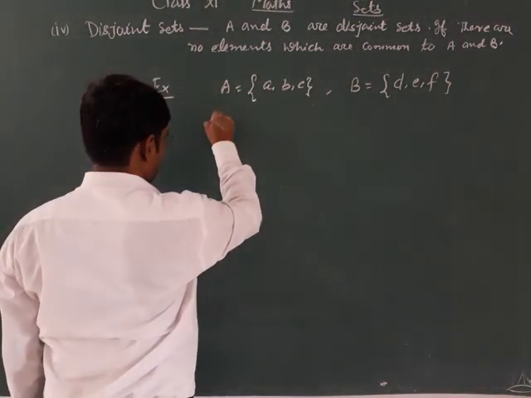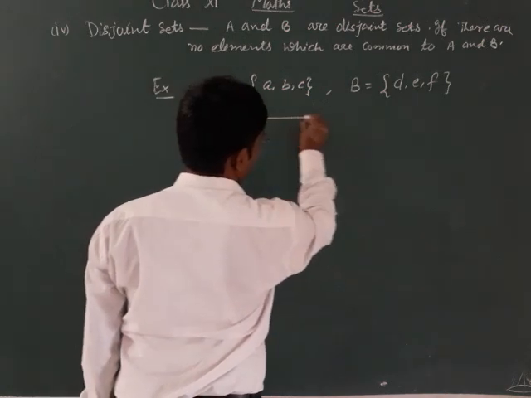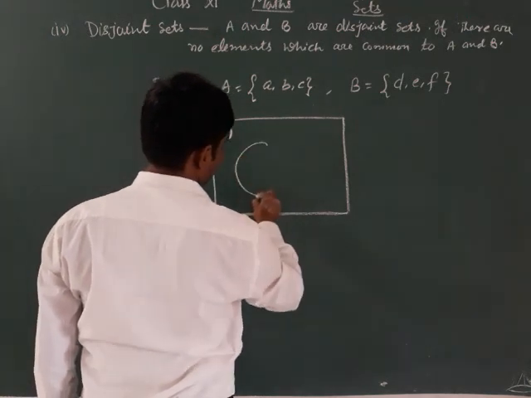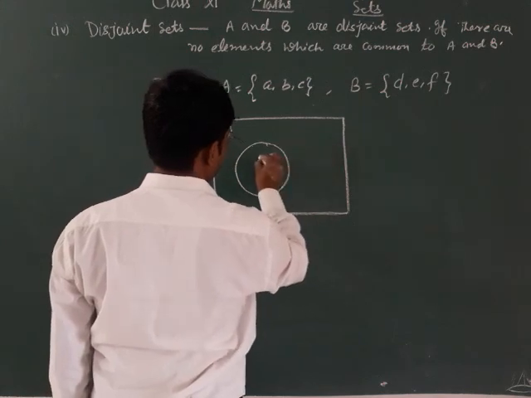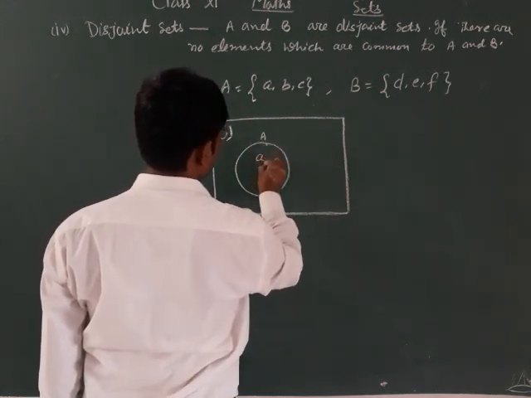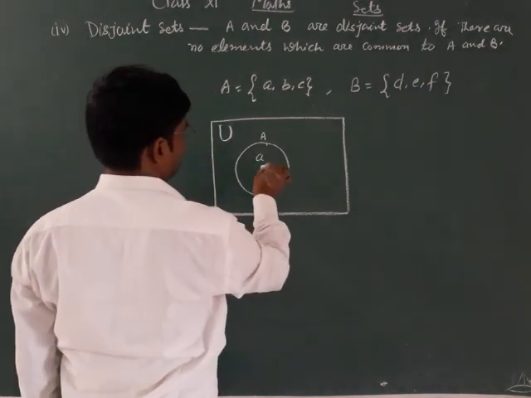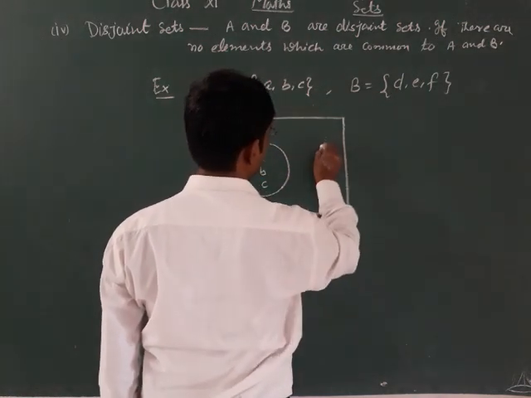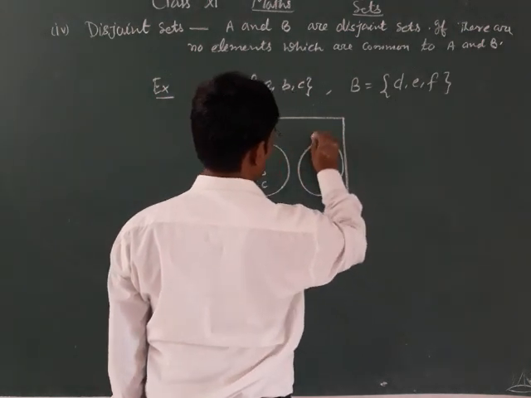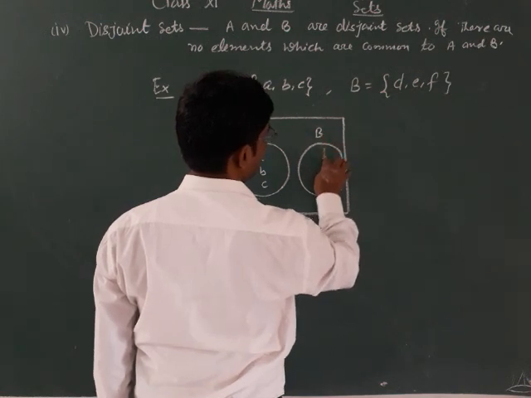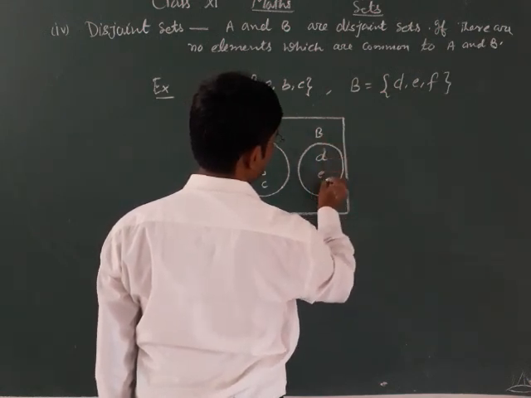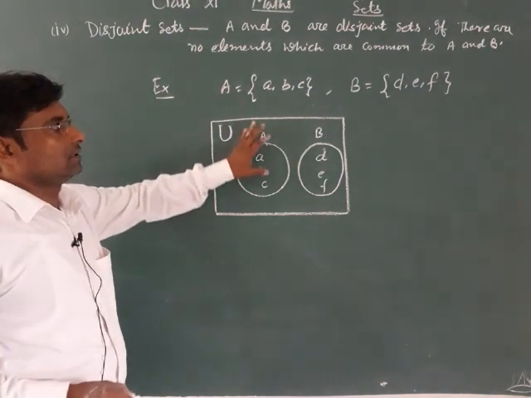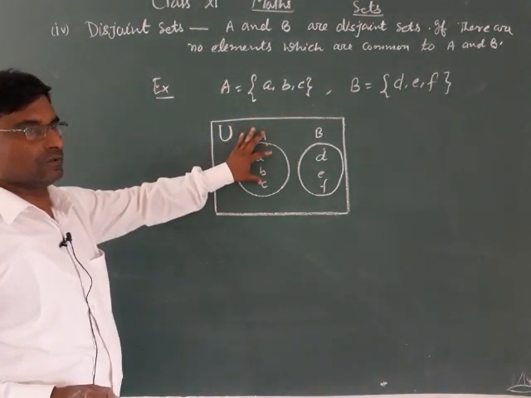So the universal set U, and two subsets of the universal set, A and B. Set A has elements A, B and C, and there is no common element, so it is separated from set B. Set B has elements D, E and F. This is called disjoint sets, and you can show it in a diagram.